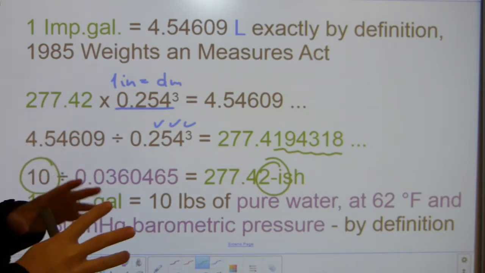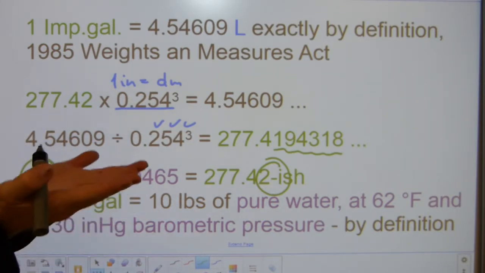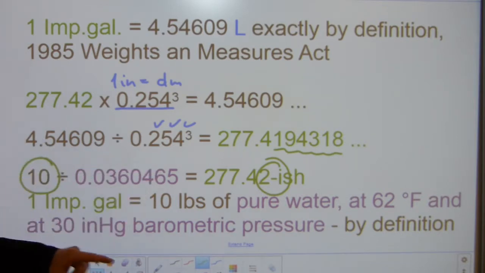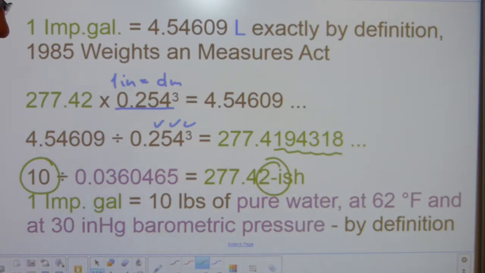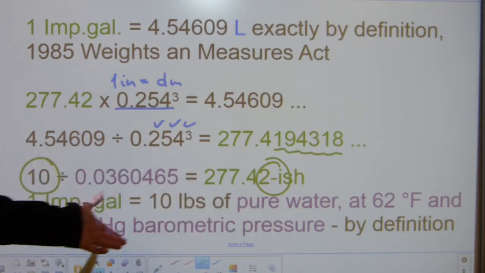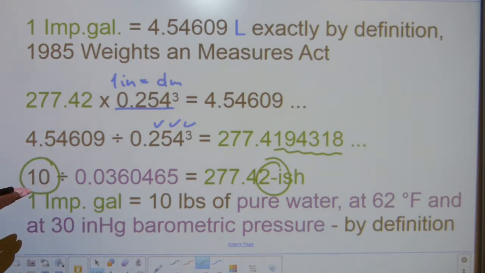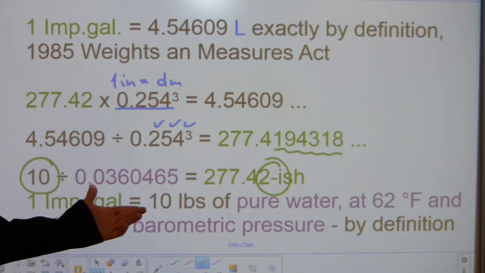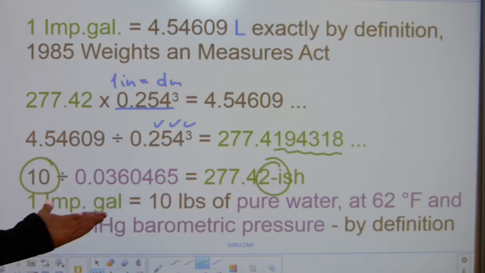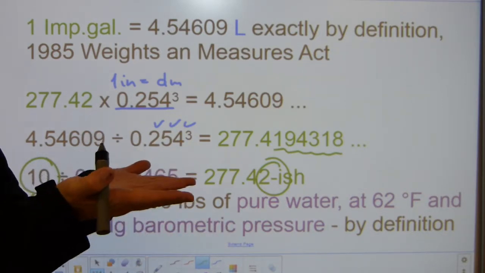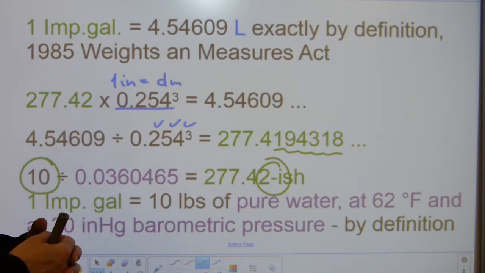Long story, don't go there. And it has to be weighed on a scale at sea level. And this sea level location is expressed as 30 inches of mercury of barometric pressure. That's all part of the definition of how these 10 pounds of water need to be weighed, because atmospheric pressure affects the scale on which the 10 pounds is determined.